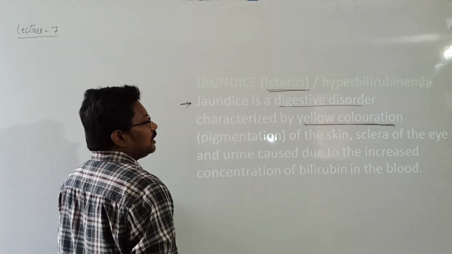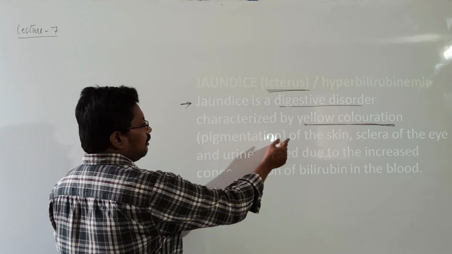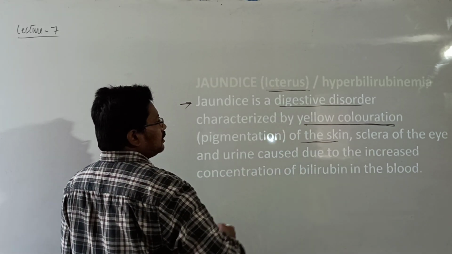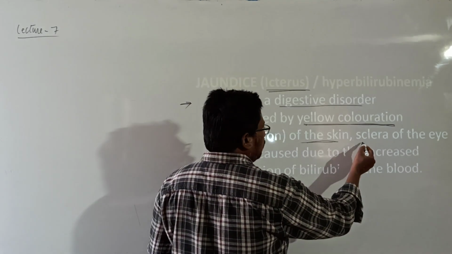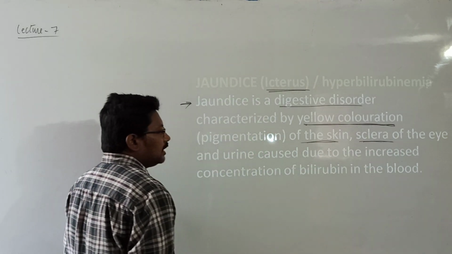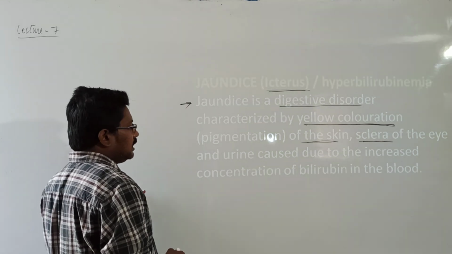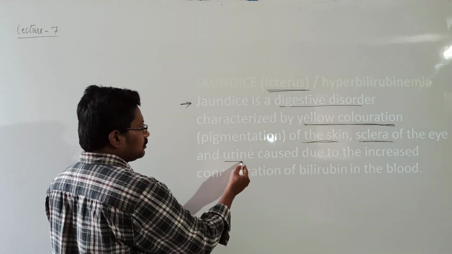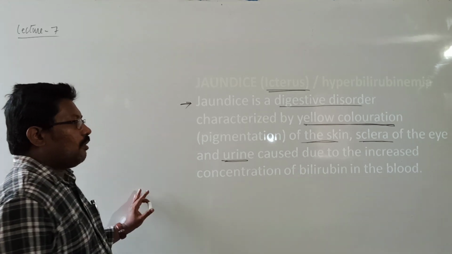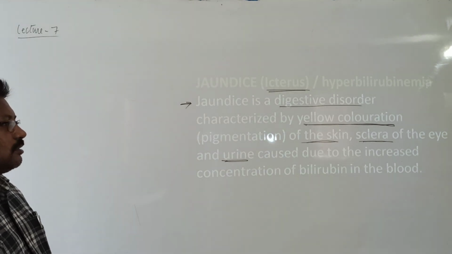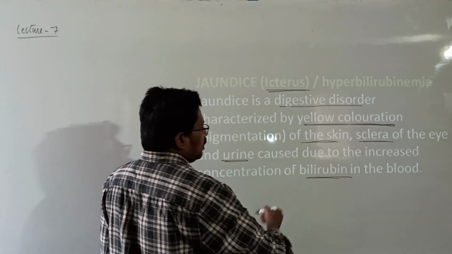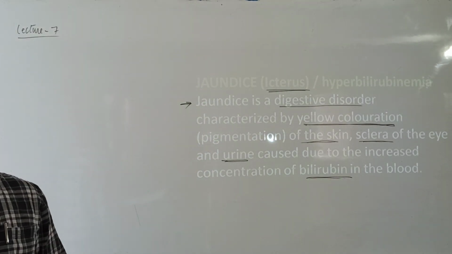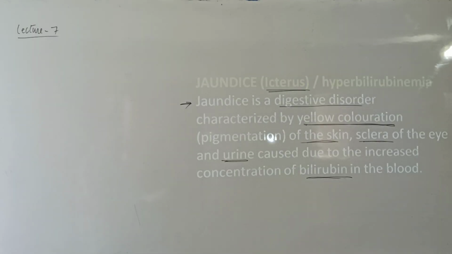The yellow color of the sclera of the eye will also be seen, and also in the urine. It is all caused due to increased concentration of bilirubin in the blood. Bilirubin is a product that is formed during breakdown of hemoglobin.